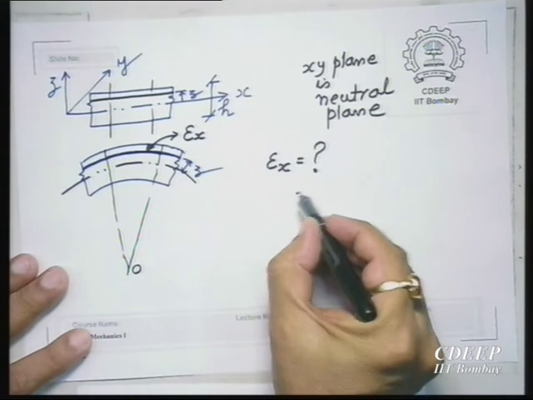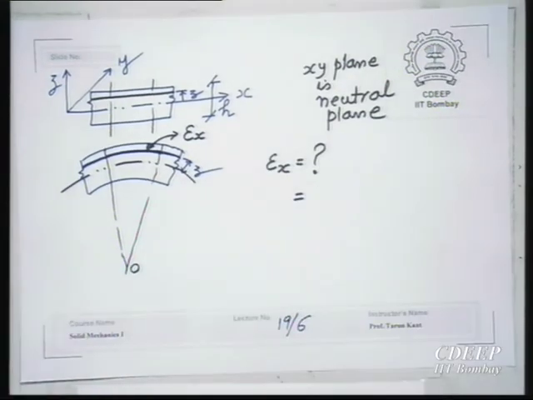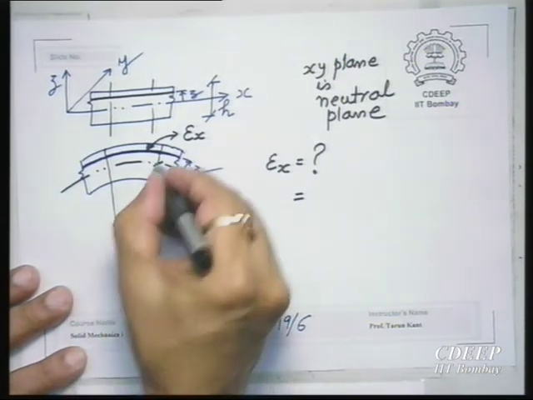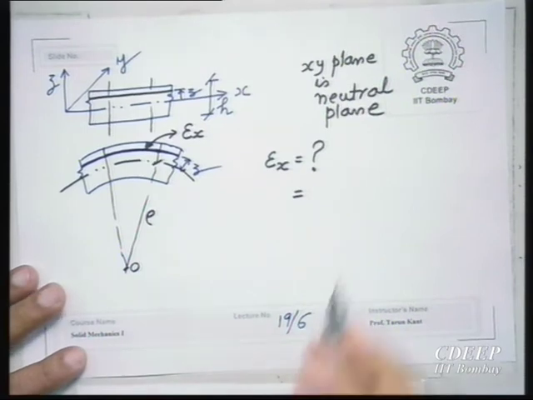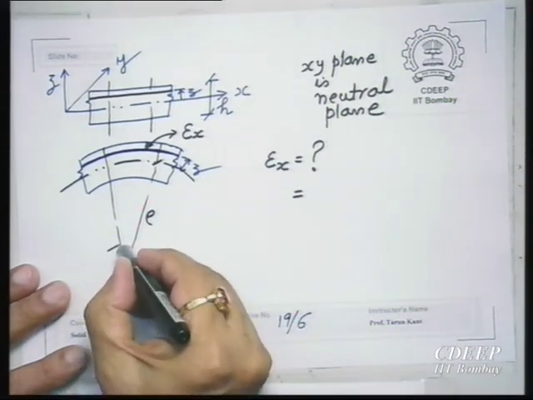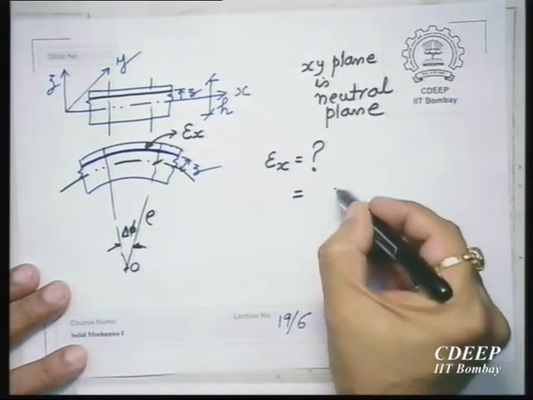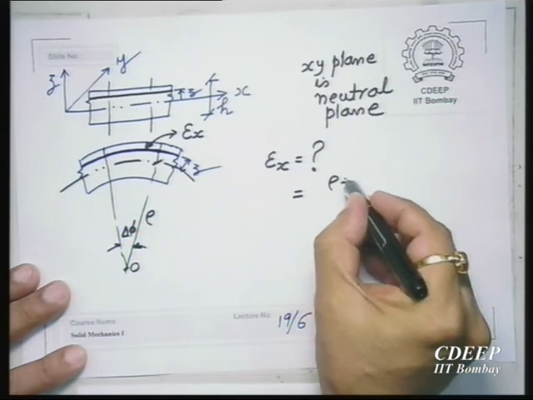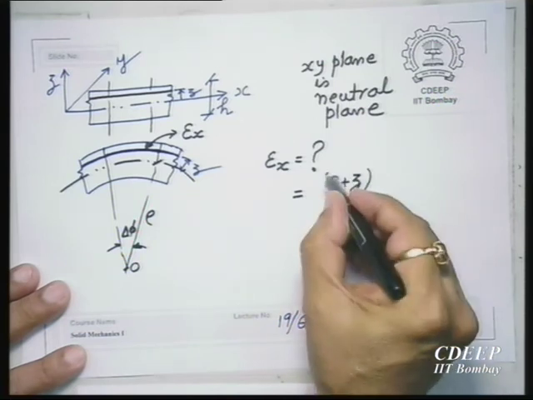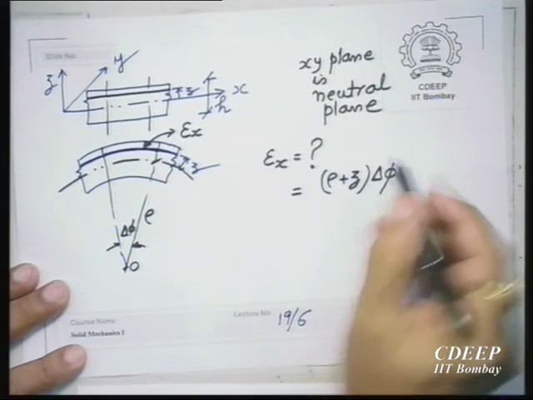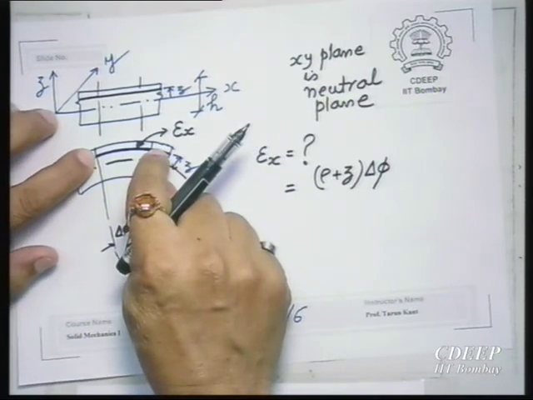How do you define a normal strain? It is the final length minus the original length, divided by the original length. So what is the final length? Let rho be the radius up to the neutral axis, and let this angle be d phi. So rho plus z, multiplied by d phi, is the arc length.